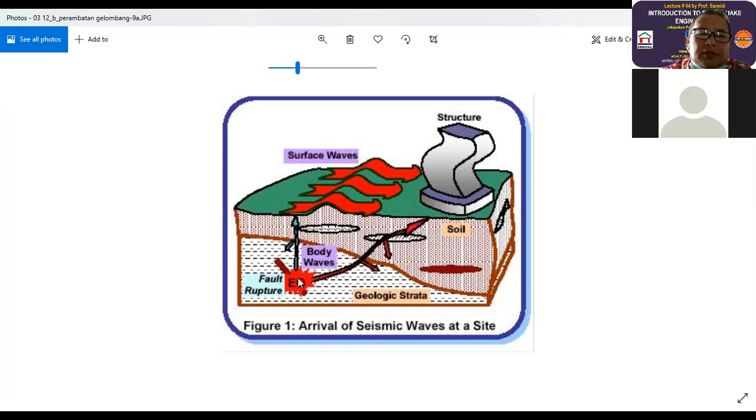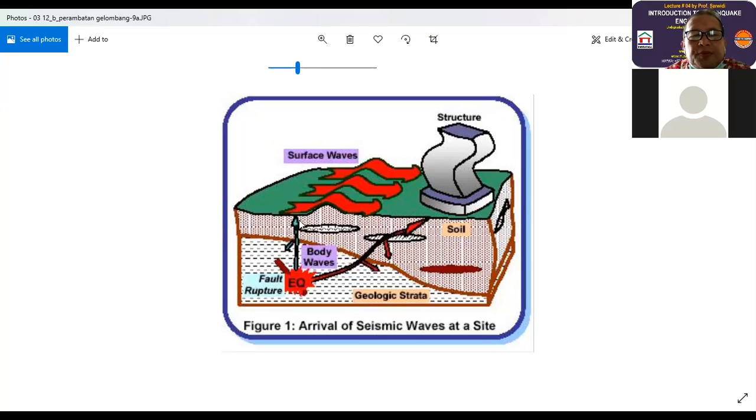So the first is called body waves. Body waves are waves that travel from the sources inside the earth.